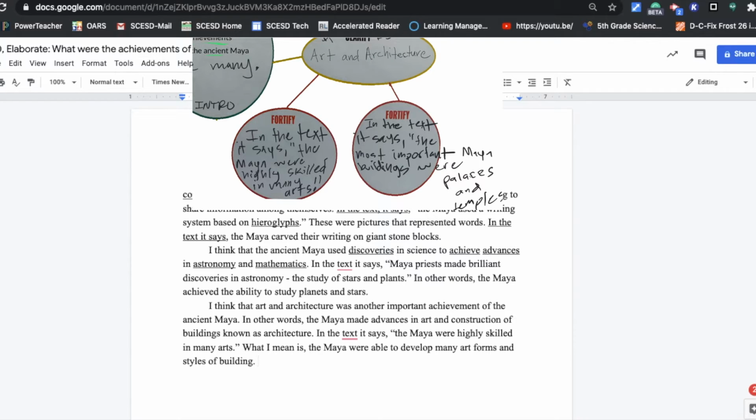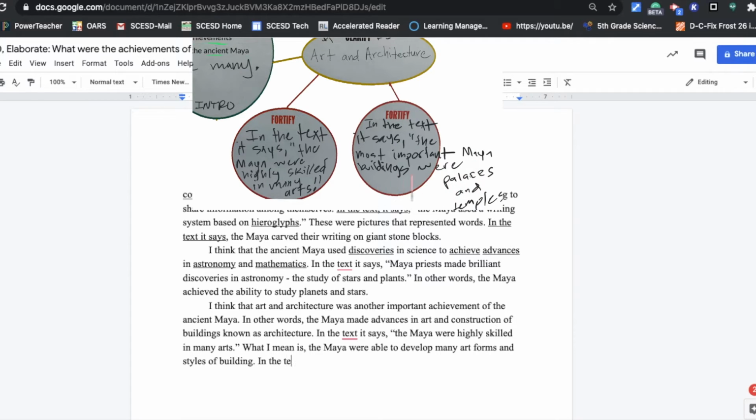Styles of buildings, we have another fortification that works out well because it builds off of what we said here. What I mean is the Maya were able to develop many art forms. We talked about arts here, and then we said many art forms and styles of buildings, and our next fortification statement here is actually talking about buildings, palaces, and temples, so two different types, so it works out perfectly.